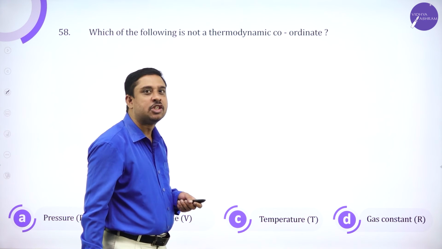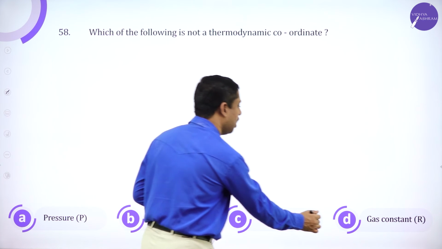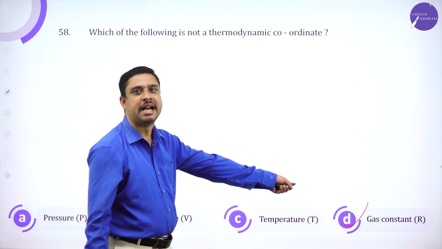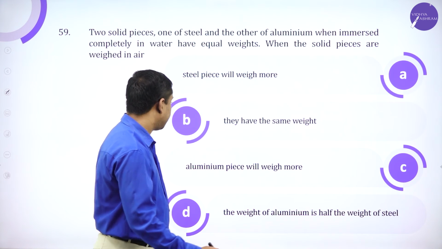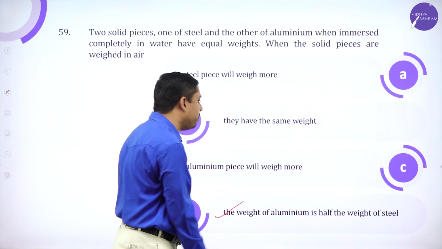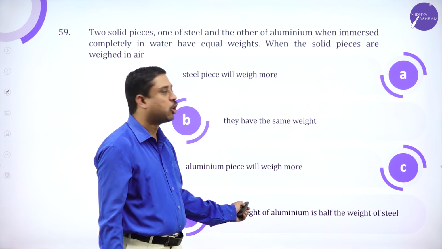Which of the following is not a thermodynamic coordinate? Gas constant. It is a universal constant. Here, weight of aluminium is half the weight of steel.